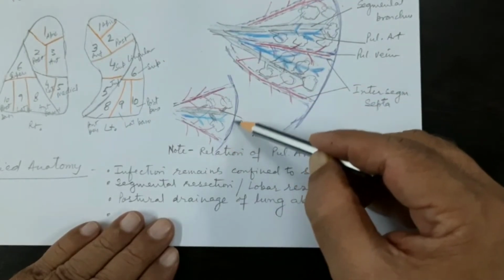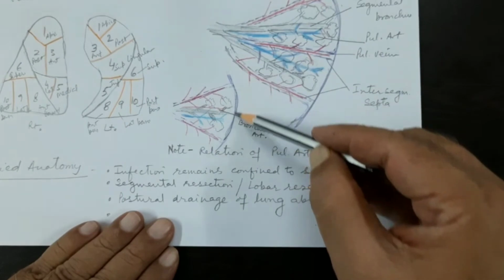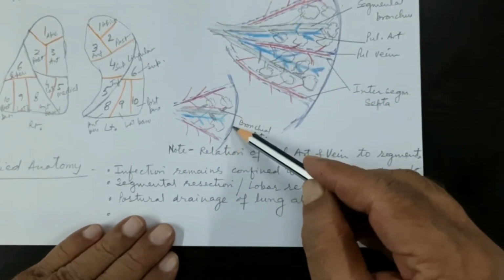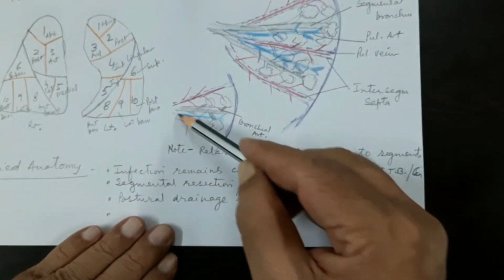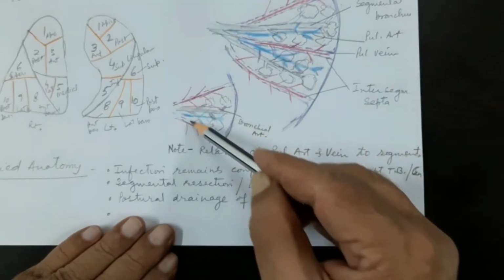This is the visceral pleura, or pulmonary pleura, covering the costal surface of the lung. So this is one boundary, and this is the base, and this whole structure of one segment is pyramidal or triangular in shape.